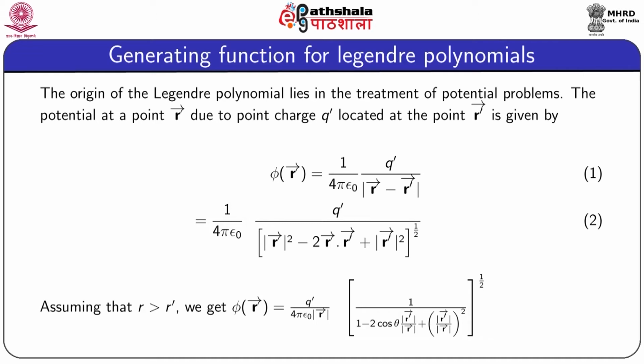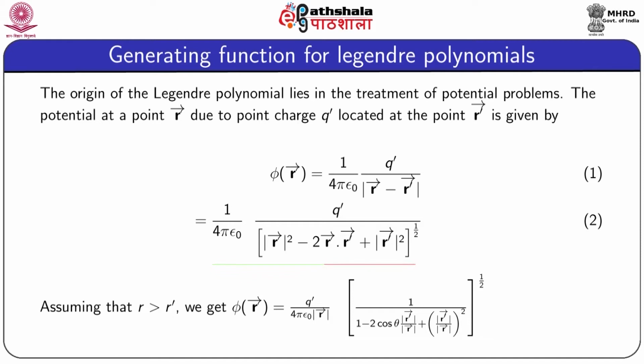Phi r is equal to 1 by 4 pi epsilon 0 q dash divided by mod of r minus r dash. We express the mod r minus r dash in the form of square root of mod r minus r dash square, and if you do that, please look into expression 2 in the denominator.